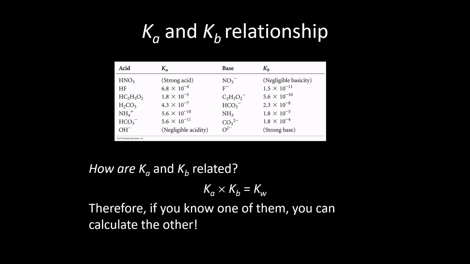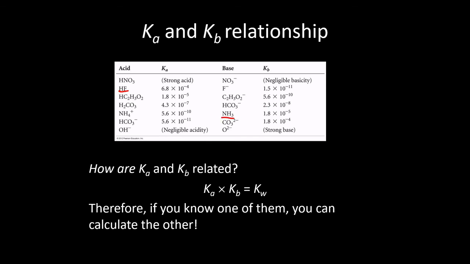All right, one last thing here about weak bases before we finish up for this video. Ka and Kb, the two dissociation constants, are actually related to each other for conjugates, and this is only true for conjugate acids and bases. So you can't take the Ka of HF and say it's related to the Kb of ammonia.